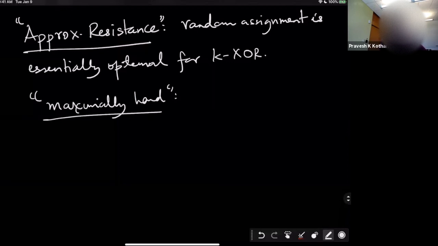We can give unconditional proofs that sum of squares will not solve this problem. You can think of it as, if for whatever reason you were convinced that sum of squares is the best algorithm in the world, that there is no better algorithm than sum of squares, then we can in fact settle P versus NP today. That's what we're going to do. So our class is really ambitious.